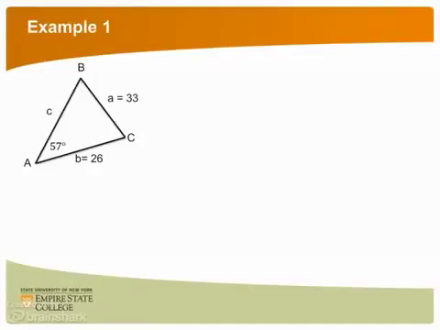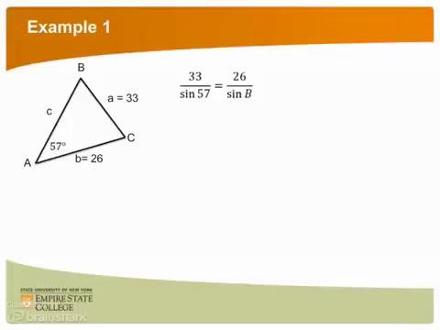Suppose we know that the measure of angle A is 57 degrees and that the length of the side opposite, little a, is 33. We also know that little b is 26. With this setup, how many triangles are possible? Set up the law of sines ratios. We have the angle A and the length of the side opposite, so we will use that as our basis for the ratios.